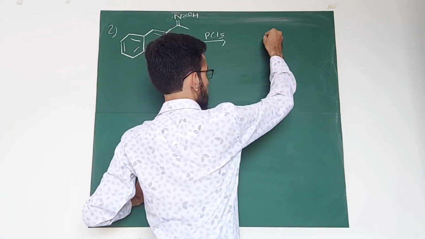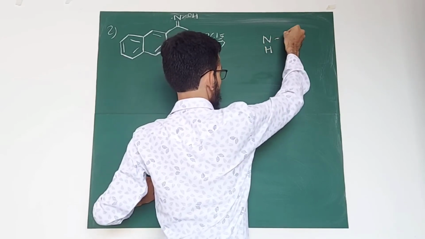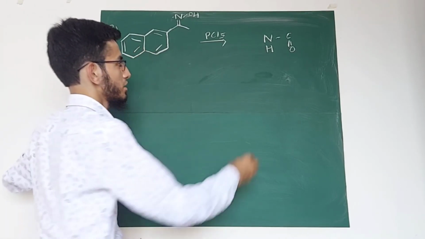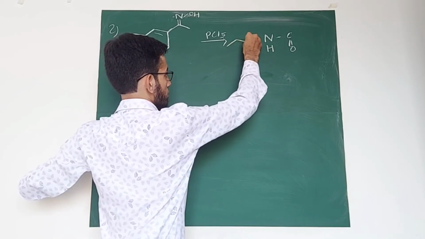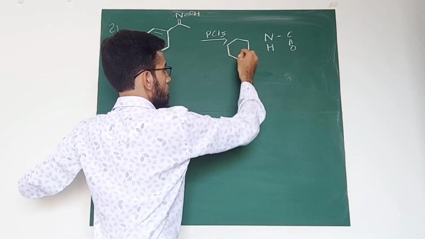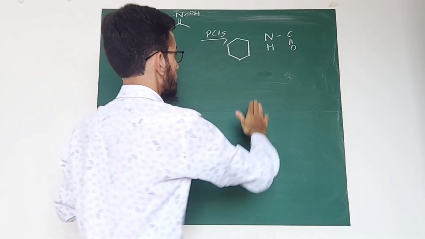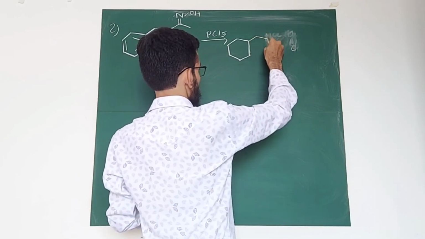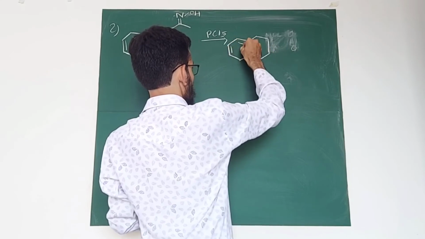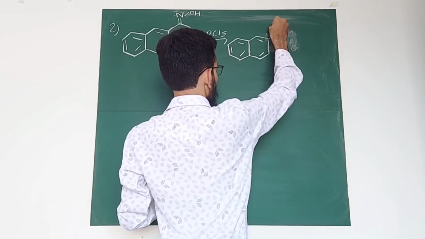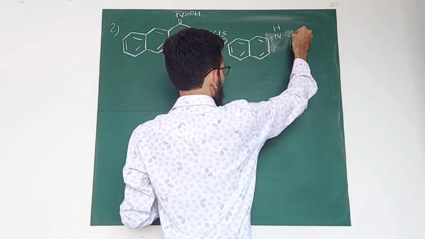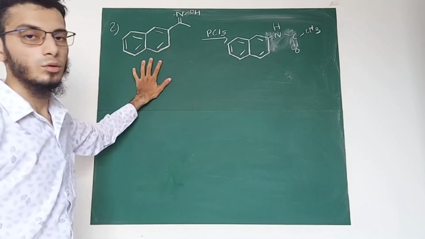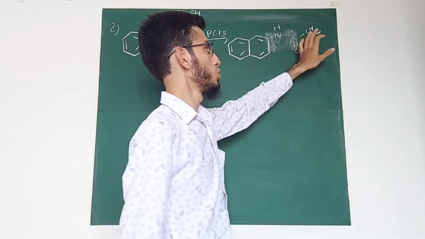So we should first write it like this. The migrating group should be right with the nitrogen, and with the CO we should write CH3.